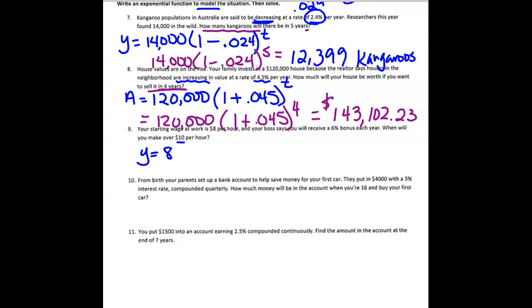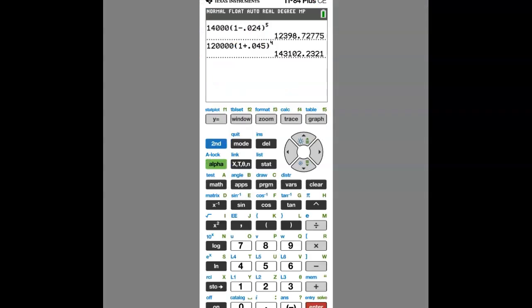We have $8. We are getting a bonus, so it's increasing. 6% would be 0.06, and we have some unknown time period. Okay, and we are trying to figure out when we're going to hit $10 for our total. So let's go to our table.